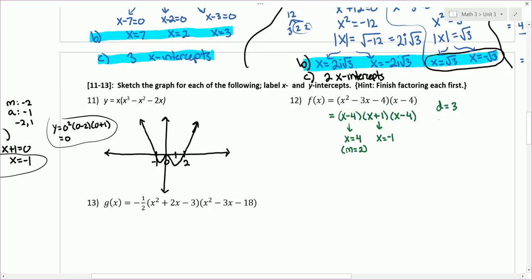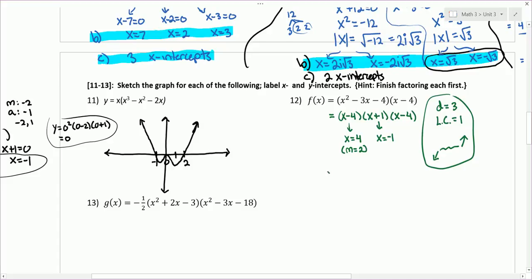The leading coefficient is positive 1, and so we have an odd degree and a positive leading coefficient, so the right side points up, and the left side of the graph, the end behavior, points down. Lastly, we're looking for our y-intercept.